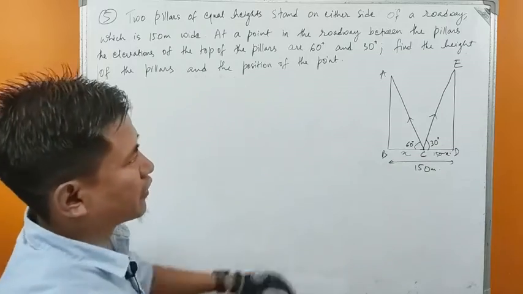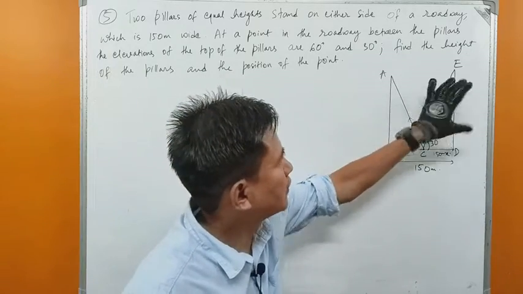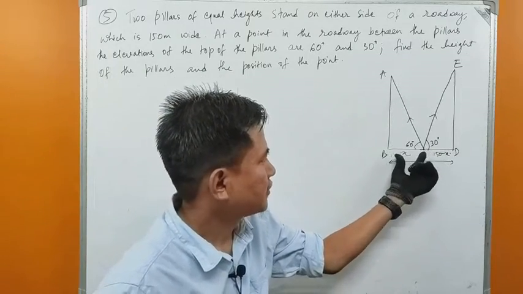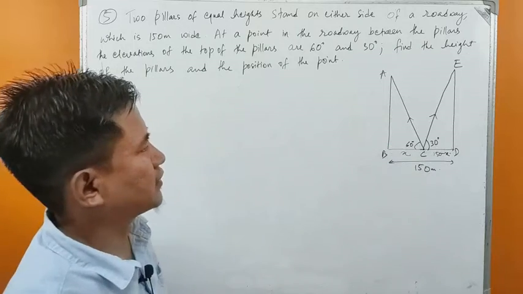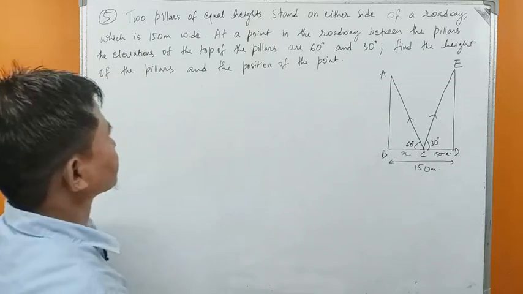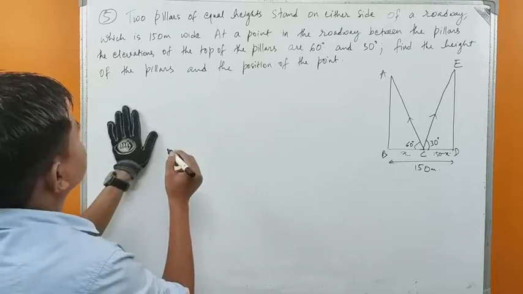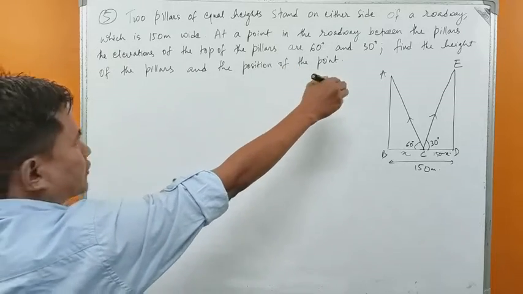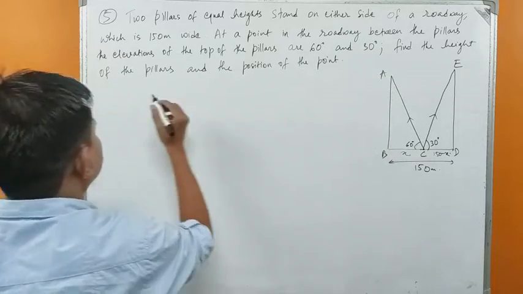Okay, we are asked to find the heights of the pillars and the position of the point, that is x. Now let us solve this. Let us first observe triangle ABC.